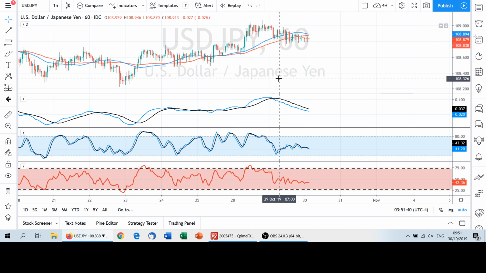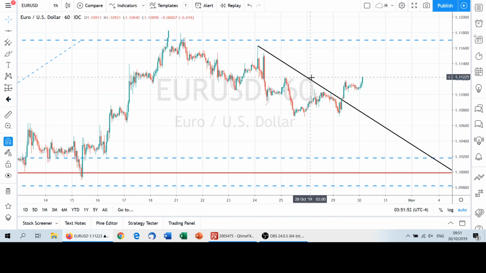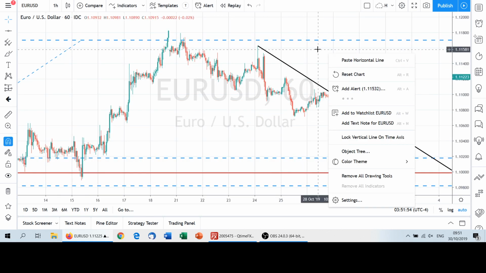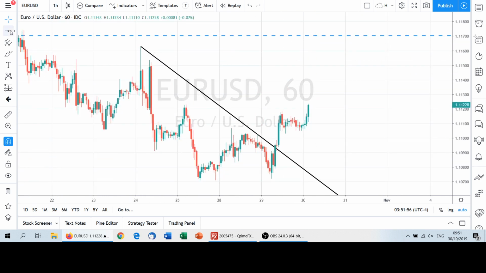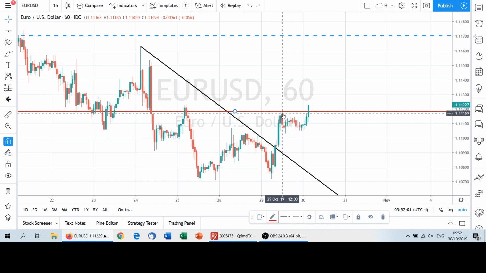Just when I'm saying this, I'm looking at the price of the euro. We are in the 20s, and I think the fun is going to start. We are now trading just a little bit above yesterday's high, and that is fantastic for our bullish expectations.